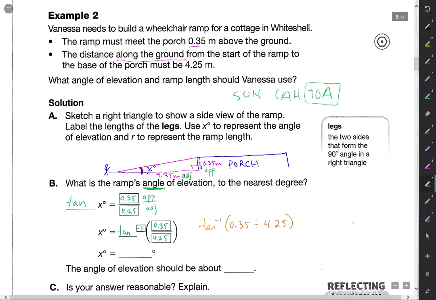Depending on what calculator you are on, you might need to write this part first and then press the inverse tan button. If you plug this into your calculator correctly, your final answer will be that x is equal to 4.707 degrees. Then we'll round it to the nearest full degree. So the angle of elevation should be about 5 degrees.